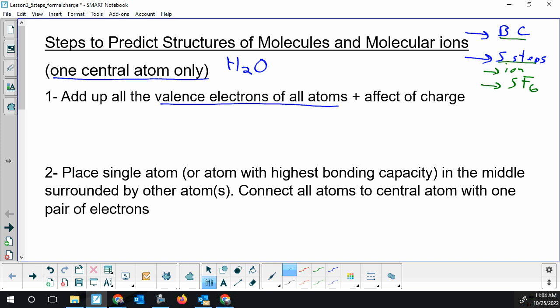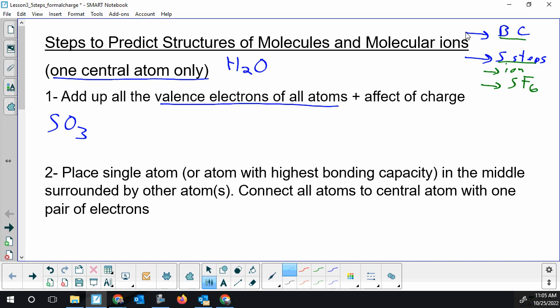So I'm going to do SO3 as my example. If you try to use bonding capacity, sulfur should have 2 bonds, and you can't put 3 oxygens into 2 bonds. So bonding capacity doesn't work for this. We've got some d orbitals doing some bonding. That's why bonding capacity in Lewis theory won't work.